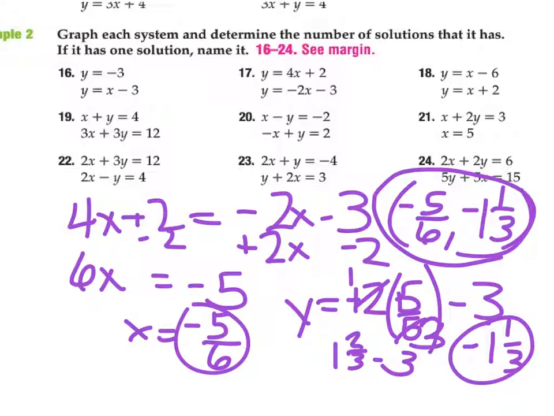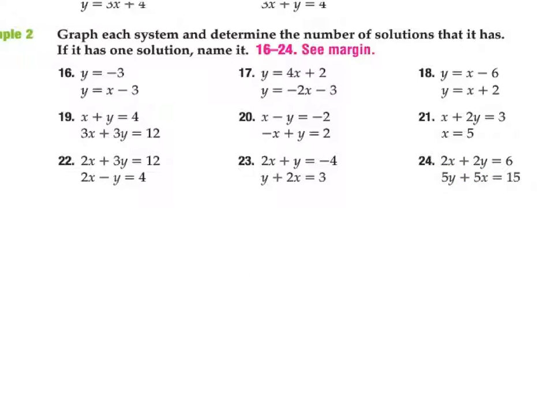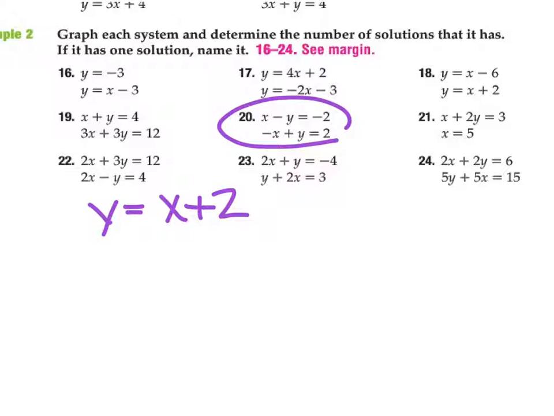See if I can find one more like that. By the way, I did check that the answer for number 17 is negative 5/6 and negative 4/3, or negative 1 1/3. If we look at number 20, x minus y equals negative 2, that looks like it's going to be y equals x plus 2, if I did that right on the top one.